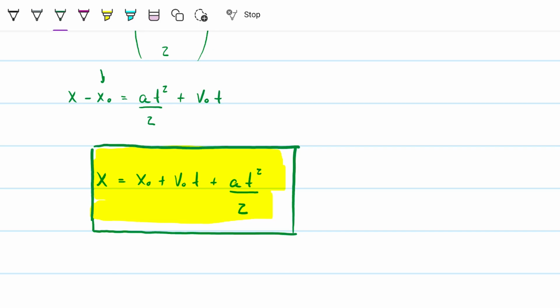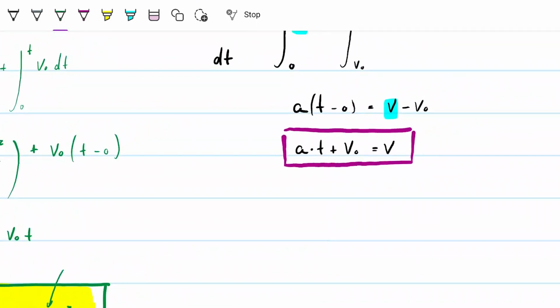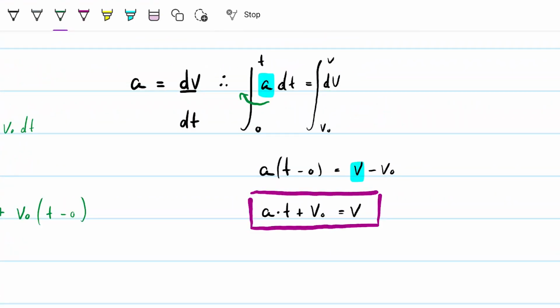When we do this, we see a couple of important things. For instance, this equation can only be used when my acceleration is constant, because it comes from this integration here, which assumes the acceleration to be constant and therefore lets us take it out of the integral. If my acceleration is not constant, then we need to know how acceleration changes with time, and then we need to integrate that into the equation.